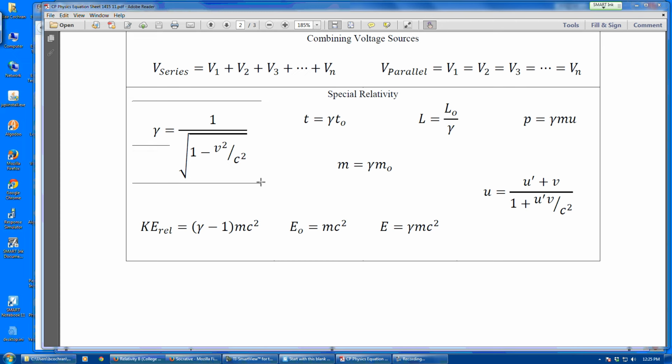Because I'm talking about different frames of reference, I'm talking about how time changes and how length changes. So I need those. Let's grab this one. And I need how length is going to change. We'll grab that one.